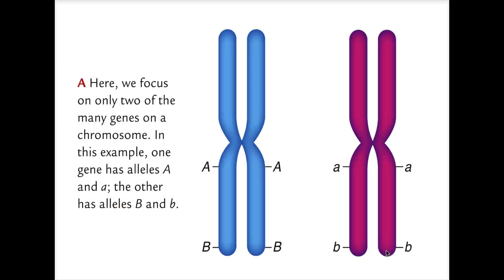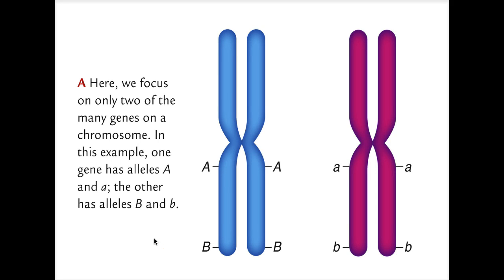So let's kind of focus in on this crossing over event. Here we have a chromosome made up of 2 chromatids, and the letters are representing alleles, which are molecular forms of the genes. And most people are aware that in essence, for each trait, you have a dominant gene and a recessive gene.